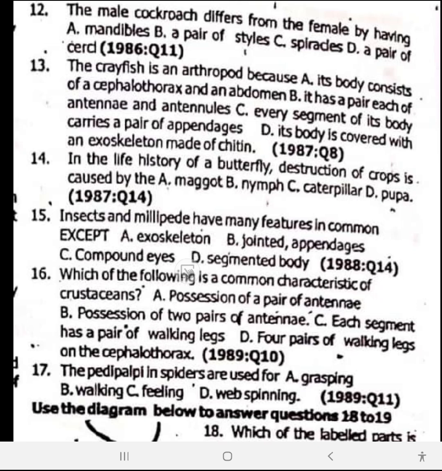Now, their body is divided into cephalothorax and abdomen, and crustaceans are most times aquatic, and lastly they also possess two pairs of antennae. Now back to our question, which of the following is a common characteristic of crustaceans? Correct answer here is option B, they possess two pairs of antennae. I made mention of it just now while I was mentioning characteristics of crustaceans.